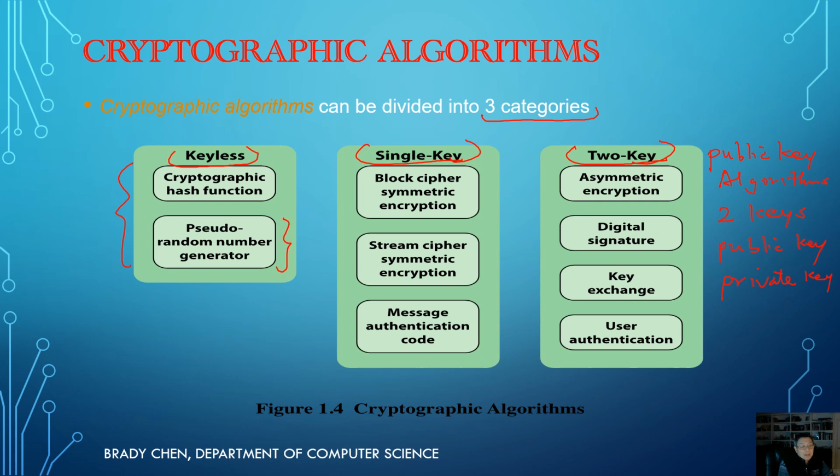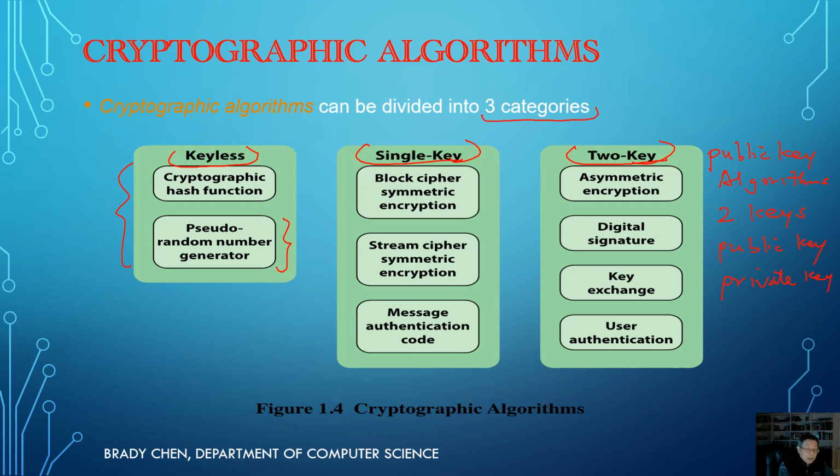In this case, the sender may use the private key to encrypt the message, and the receiver may use the public key to decrypt the message, or vice versa. So the sender uses the public key to encrypt the message, and then the receiver uses the private key to decrypt the message.